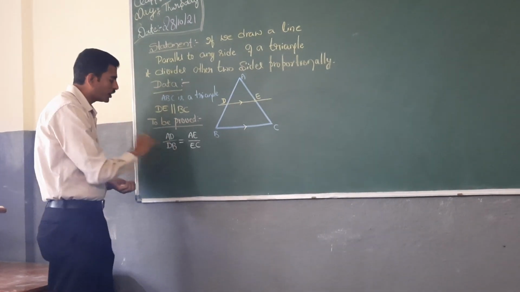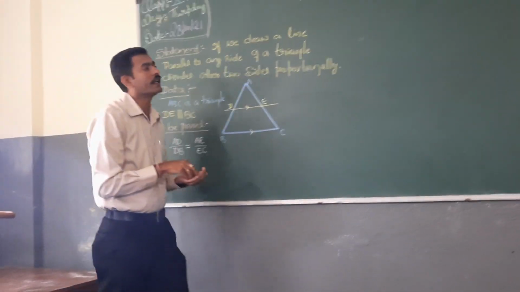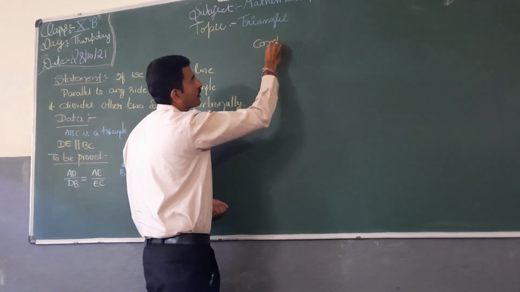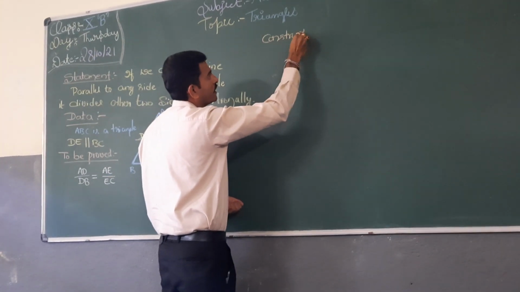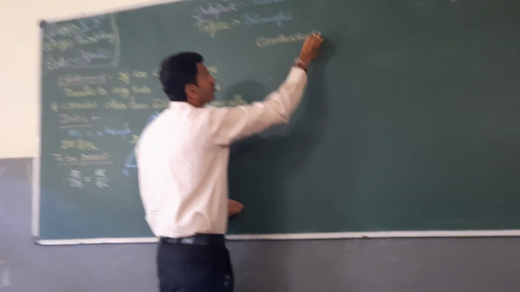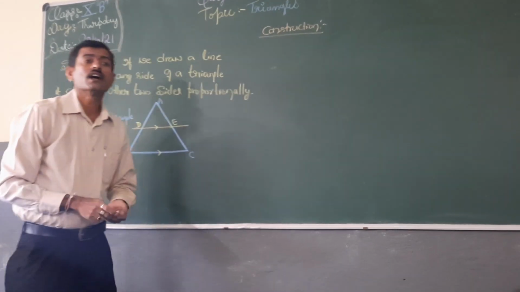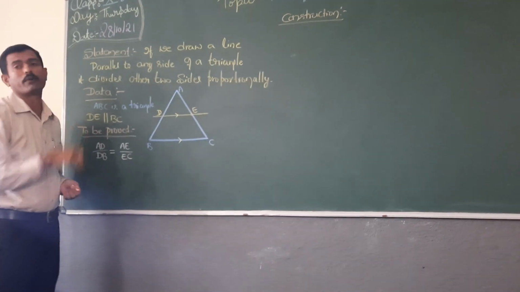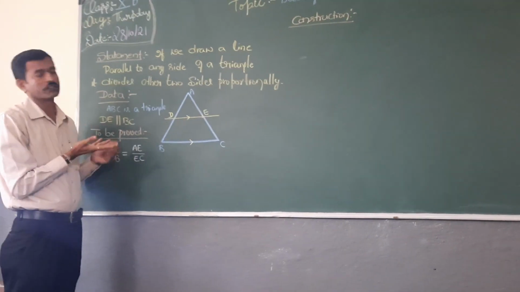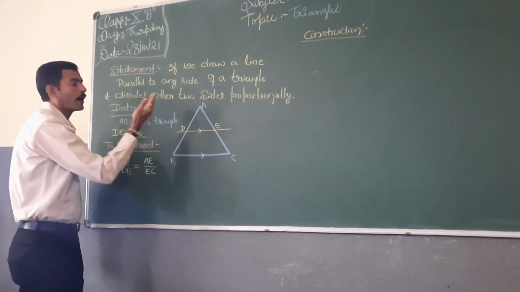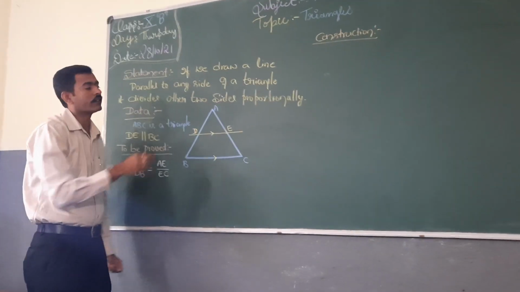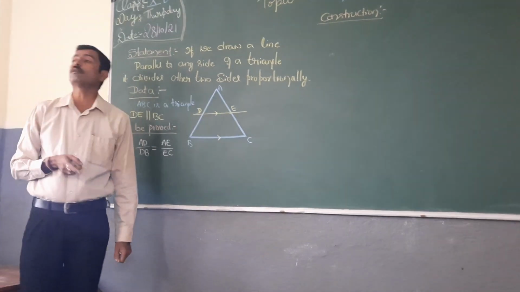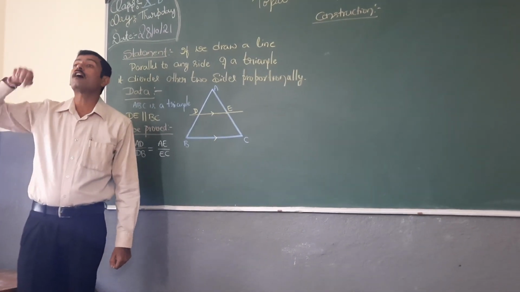To prove this, do we require any construction? Construction means whatever we require, we can construct in this part. You mention that and take it. I am going to prove that the line divides the other two sides proportionally by using the formula of the area of a triangle.